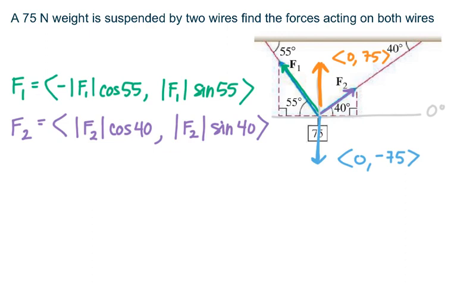So what we can say is that we know that force 1 plus force 2 needs to equal this vector 0, 75.